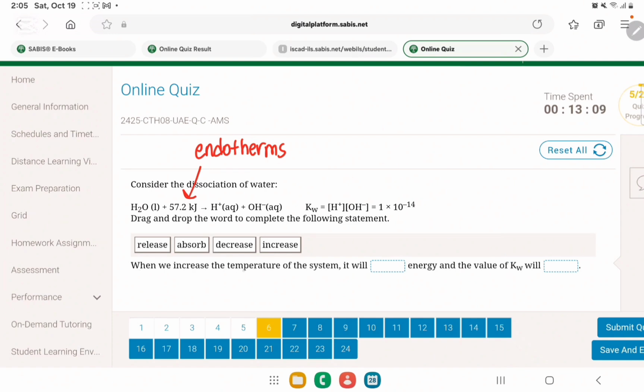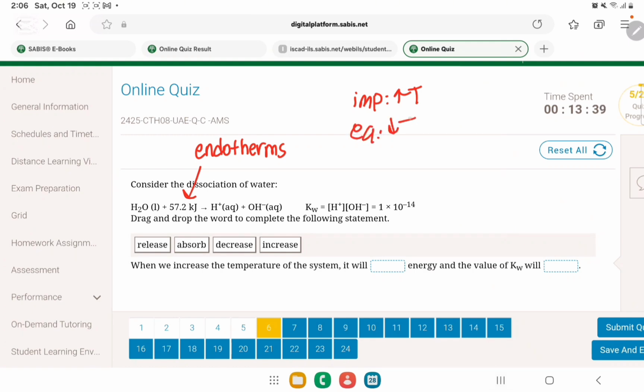So when we increase the temperature, if we follow LCP's theorem principle, my imposed change is to increase the temperature. LCP's theorem's principle says that whenever we make an imposed change, equilibrium partially counteracts it.